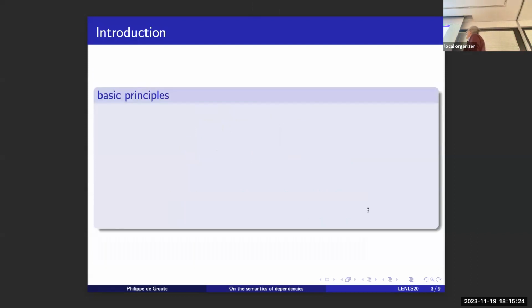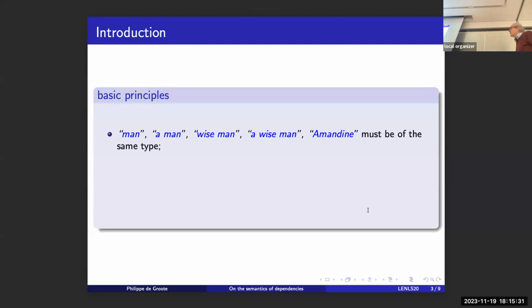Okay, so the basic principles behind that work are like this. The first observation is that with the sort of representation we are using, if you take man, a man, wise man, a wise man, or even a proper name like Amandi, all those things must be of the same type, because all those things may be the argument of the same sort of dependency relation.